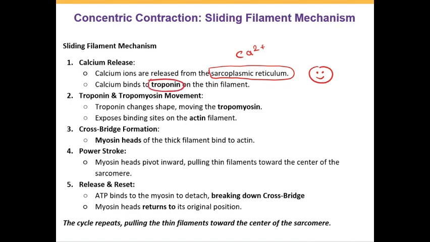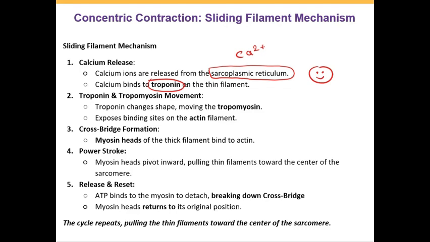Troponin would be the happiest molecule after calcium being released, because the troponin is going to bind to the calcium ion. Troponin is a protein found on the thin filament. After calcium binds to troponin, troponin's shape changes and it's going to move the tropomyosin out of the way.